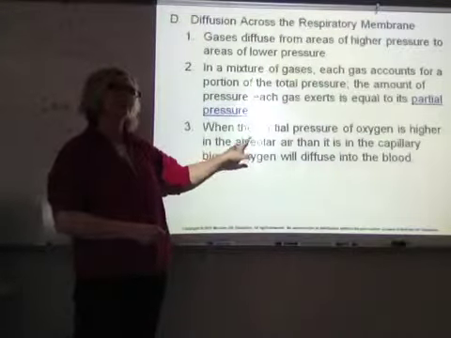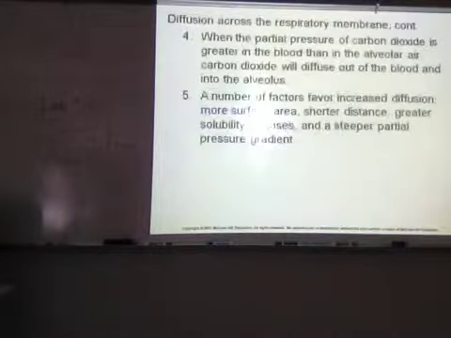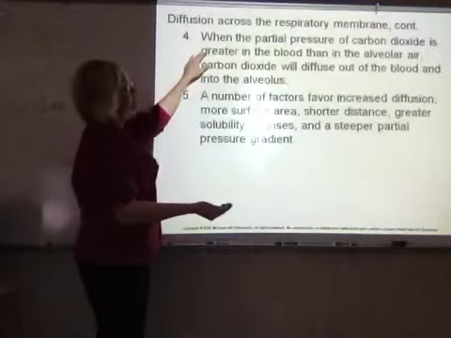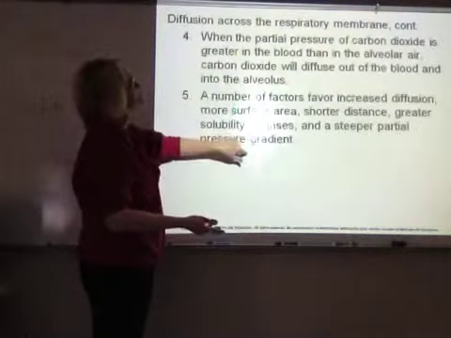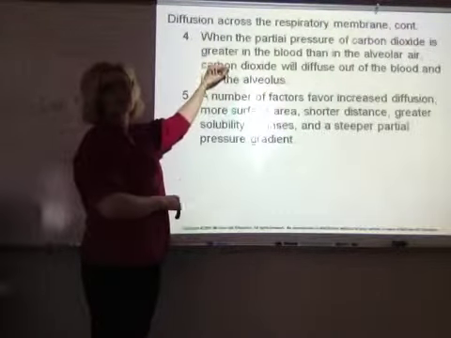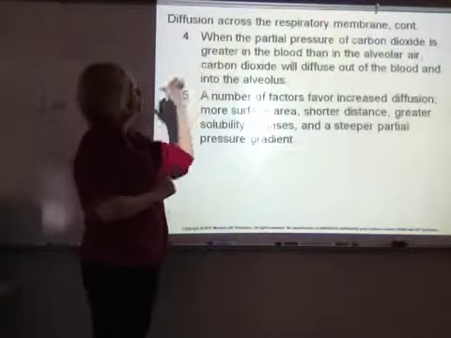It's going to go from my lungs to my bloodstream. When the partial pressure of carbon dioxide is greater in the blood than it is in the lungs, then carbon dioxide is going to go from the blood to the lungs. So wherever the pressure is greater, it's going to push or cross to where it's lower.